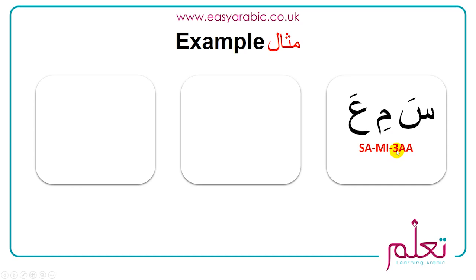Now sometimes you'll see this as a 3, sometimes as an apostrophe, but when you see that, you're making the sound from your throat. So it's sami'a, which means to hear.